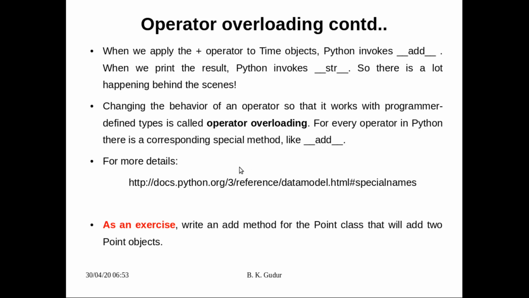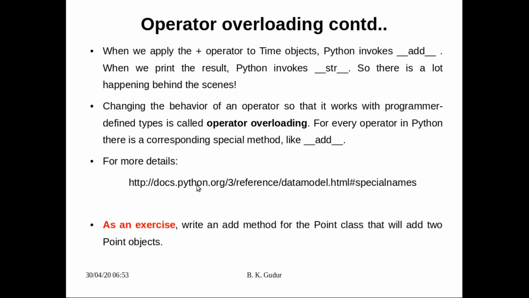For the plus operator there is __add__. For more details on which methods exist for all the operators, go through this particular link, where you will find more methods and which operators those methods overload.